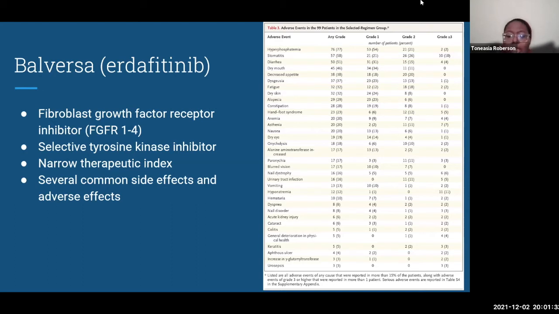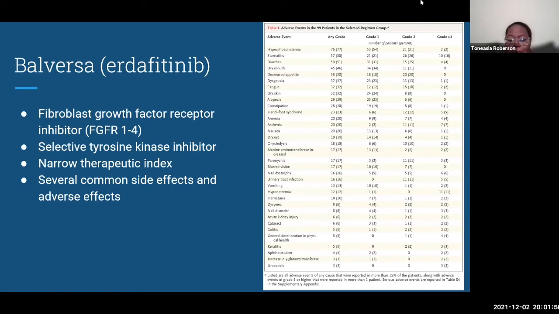13 patients actually discontinued treatment because of adverse effects, including detachment of the retinal pigment epithelium, hand-foot syndrome, dry mouth, and a skin and nail effect. It was kind of like unspecified. And a dose reduction was actually required in 55 patients.